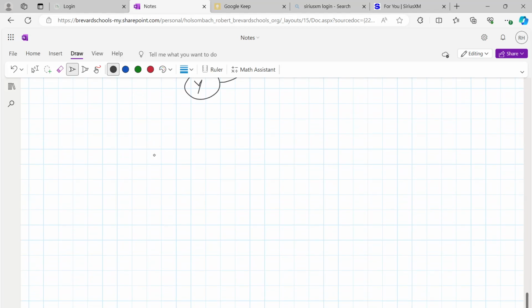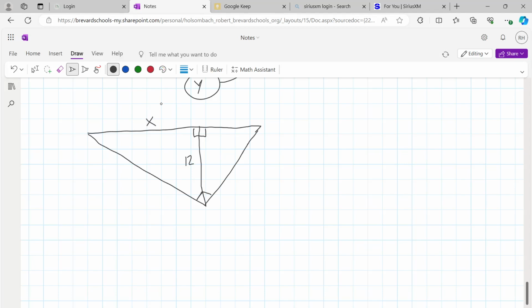We've got this right triangle. And now we're given this altitude drawn to the hypotenuse, so it's equal to 12. And we've got an x here and a 9.